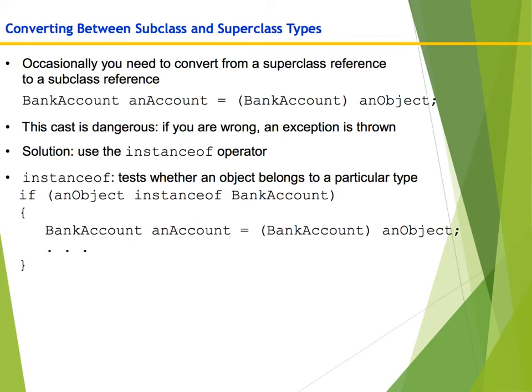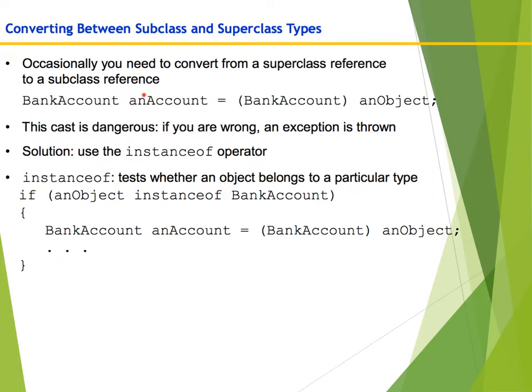One of the helpful features of Java programming is that you can convert from a superclass reference to a subclass reference. To do this, for example, if you want to convert an object to a bank account, you can use explicit casting. So, for example, an object is a variable of type object, but you want to cast it into a bank account.